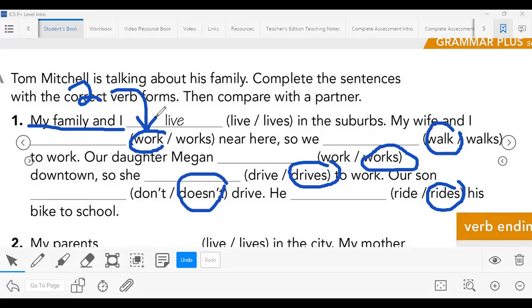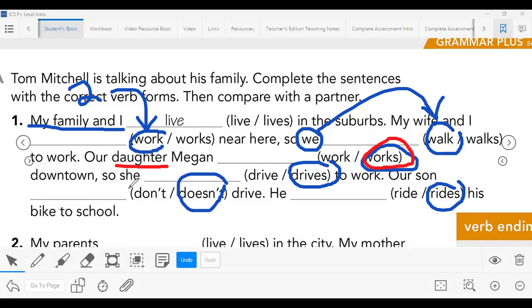So Mr. Ramirez used work, no changes. We, here is directly we, no changes. Walk. Daughter Megan, singular, so change: works.